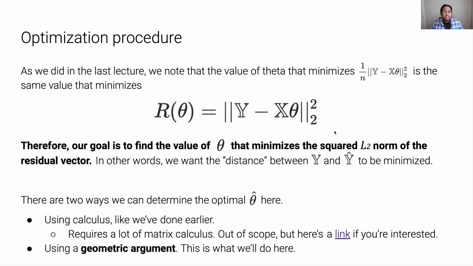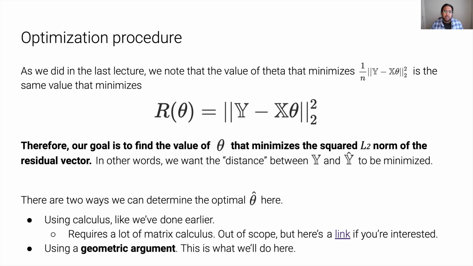So our goal is really to find the value of theta that minimizes the squared L2 norm of the residual vector. But since the residual vector is just the difference between our true y vector and our predicted y vector, what we are really trying to do is minimize the distance between our y vector and our y hat vector.